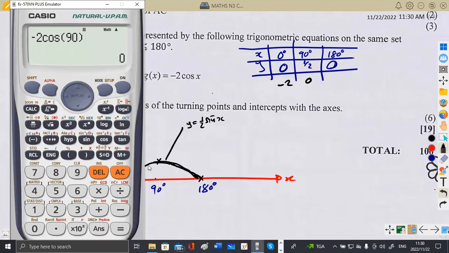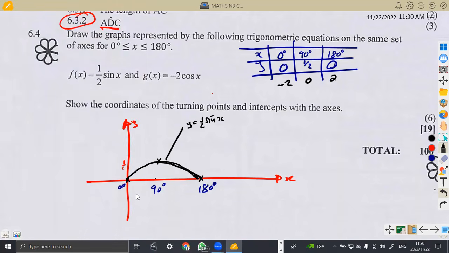We do the same on 180, which was going to give us positive 2. So this one is going to range from negative 2 up to 2. So let's say this is our 2, this is our negative 2. So the first point, that's 0 versus negative 2, 90 versus 0, and 180 versus 2. So it was supposed to be something like this.